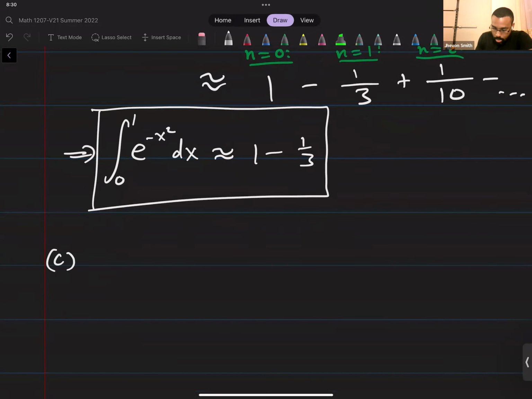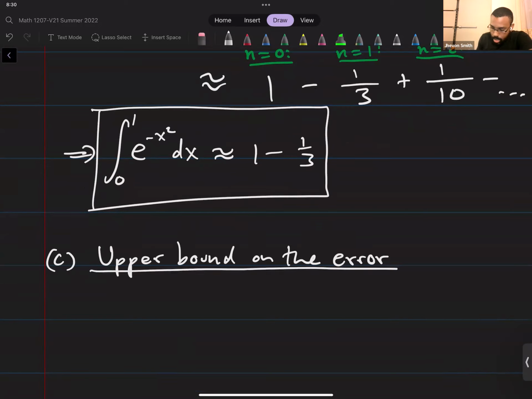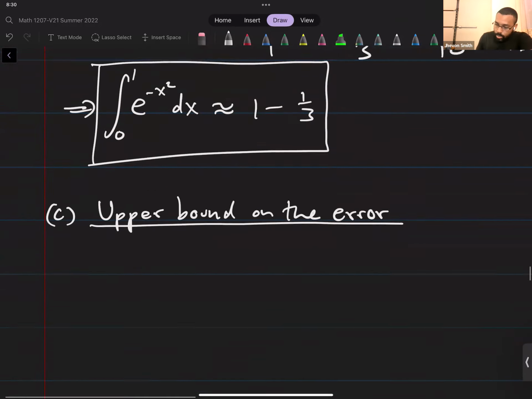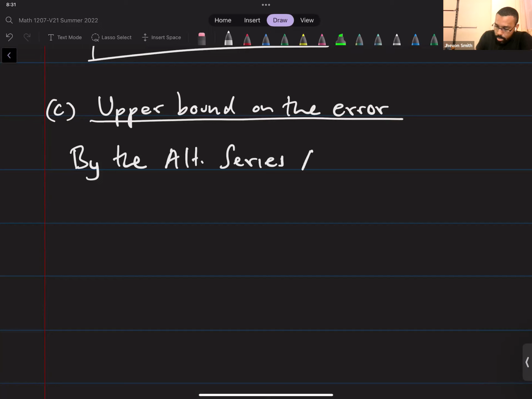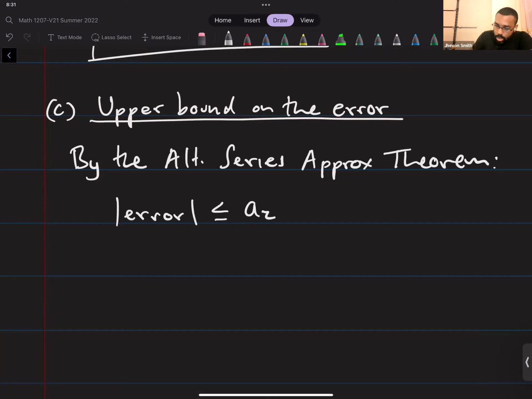Let's look, how far away is that from the answer? Upper bound on the error. By the alternating series approximation theorem, we know that the error is going to be less than or equal to the 3rd term.